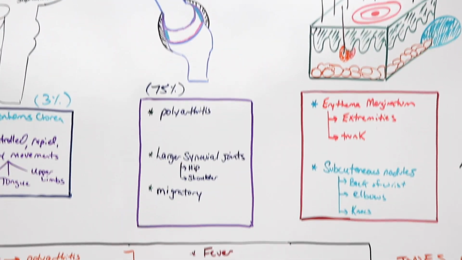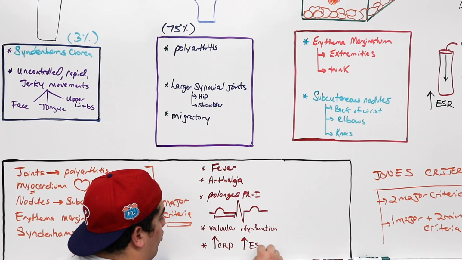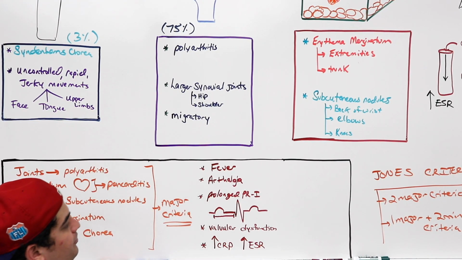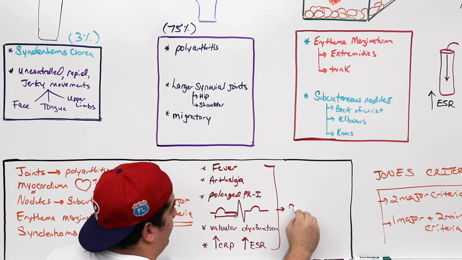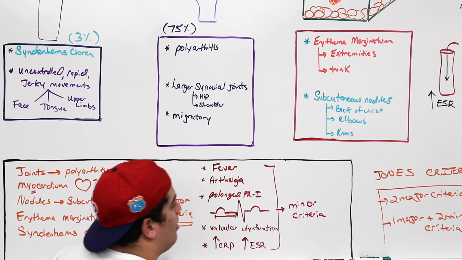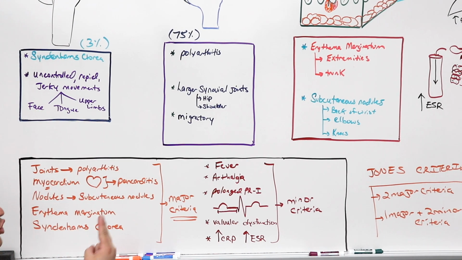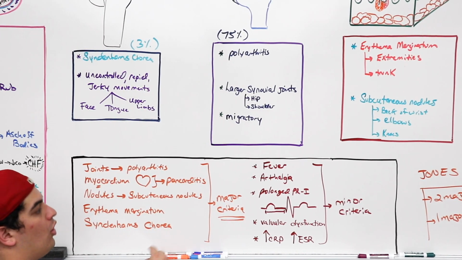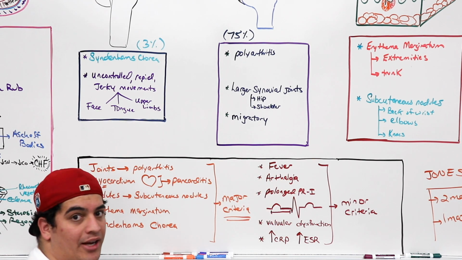So if we did a test like that, we would find that they would have an elevated erythrocyte sedimentation rate. Now this is our minor criteria. All we would need to come up with a suspicion of possibly having rheumatic fever is 2 major criteria or 1 major criteria and 2 minor criteria.